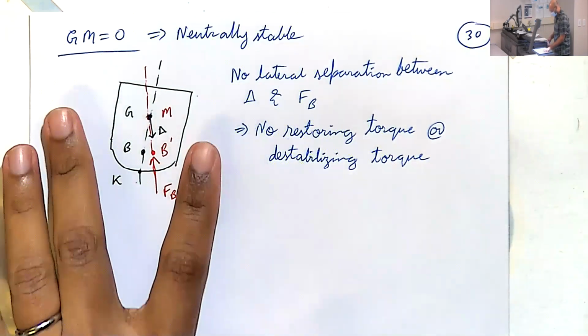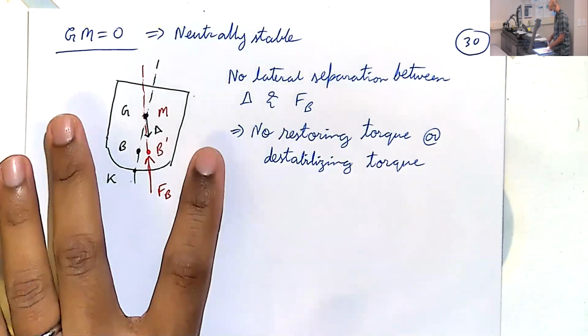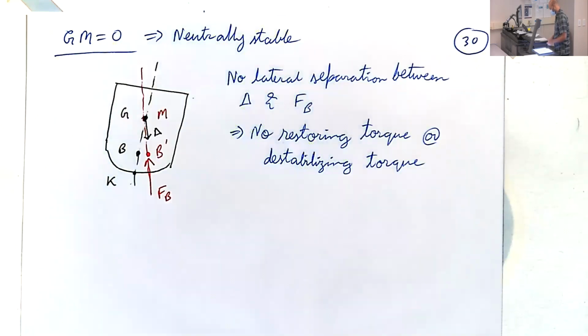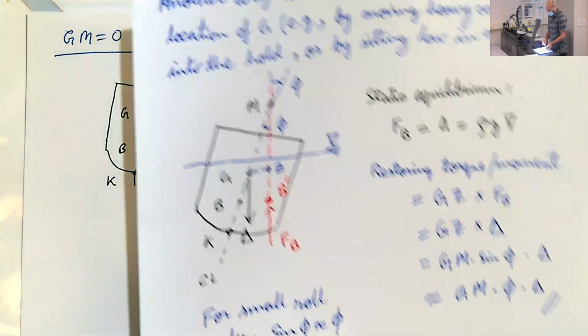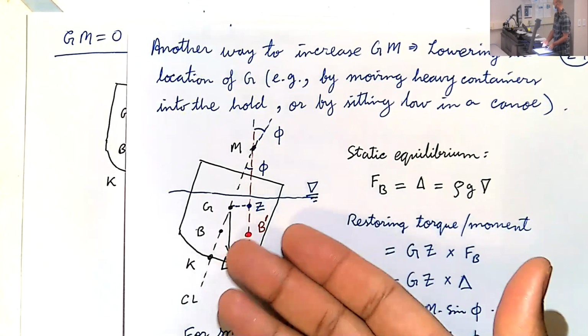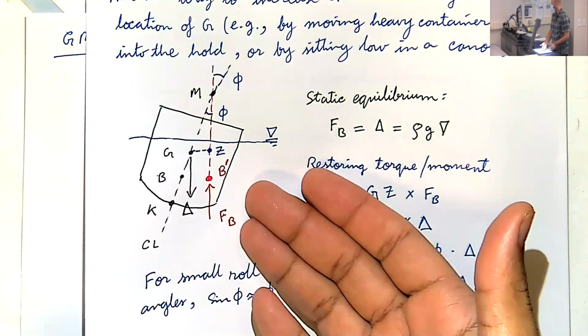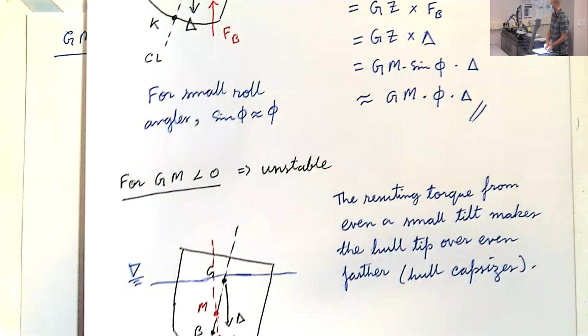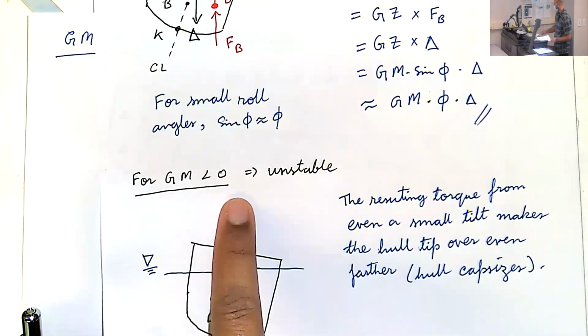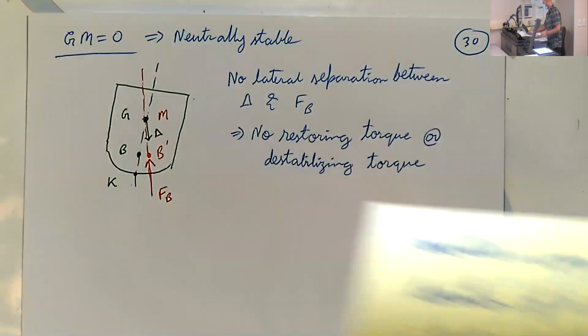So this is very unlikely to happen, this neutrally stable case. Whenever you design a hull, GM should always be positive. You must not let this happen because the boat will capsize.